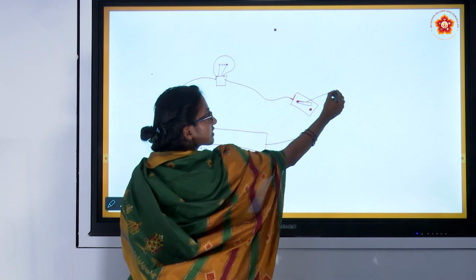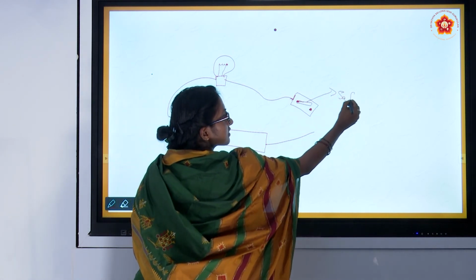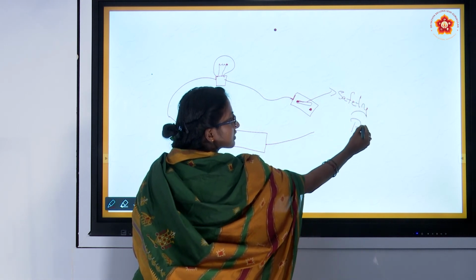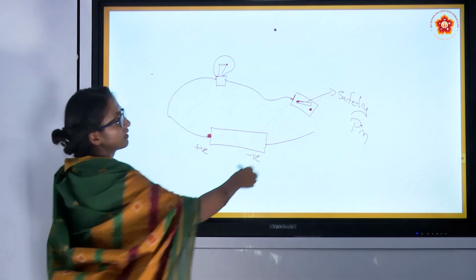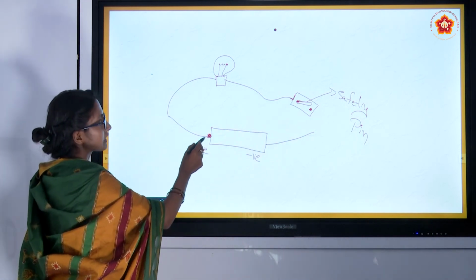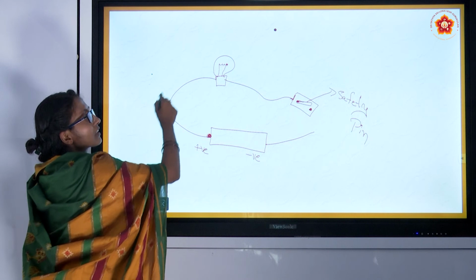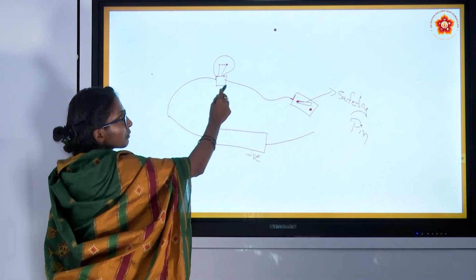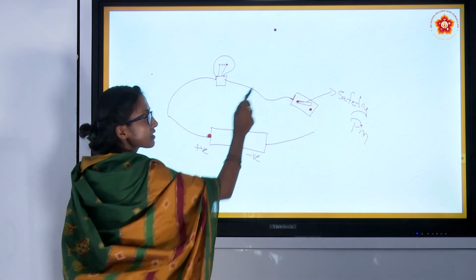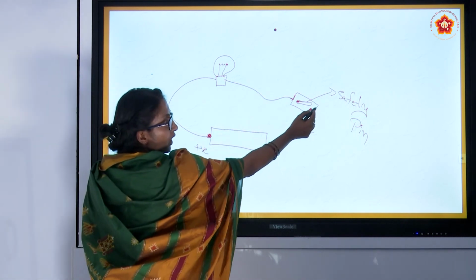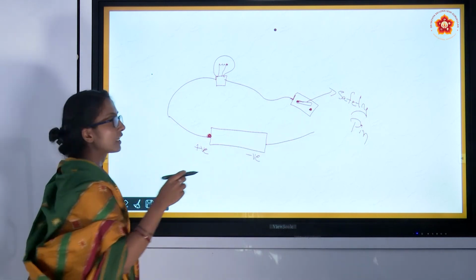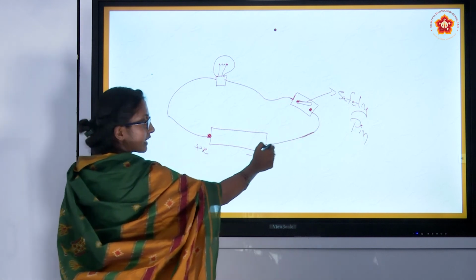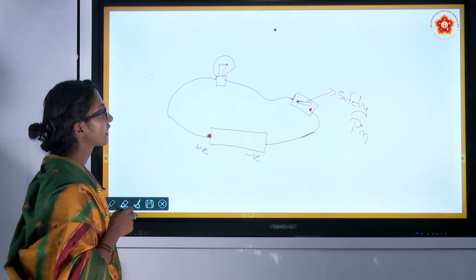Now the positive end of the cell is connected to one terminal of the bulb. The other terminal of the bulb is connected to the switch. One more end of the switch is free. Connect it to the negative end of the cell.